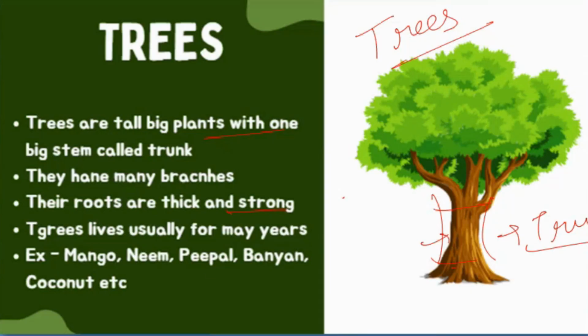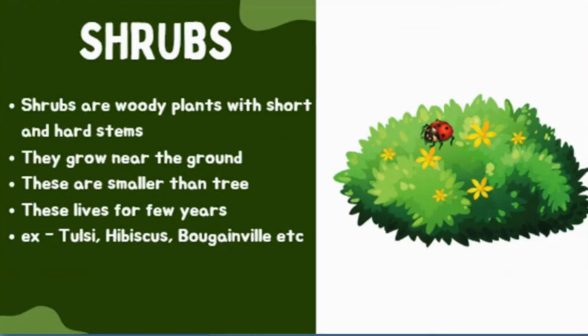And their roots are very thick and strong. For example, mango, neem, peepal, banyan, and these trees live usually for many years. Second type is shrub. Shrubs are the medium-sized plant. Medium size. They are not very short, not very tall.